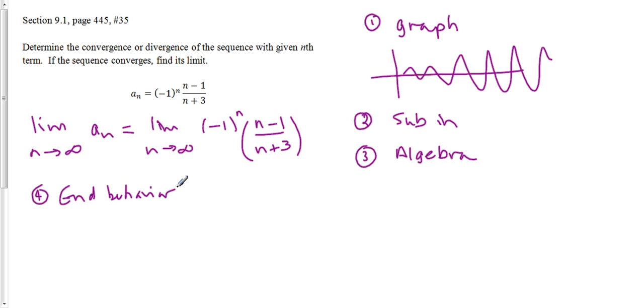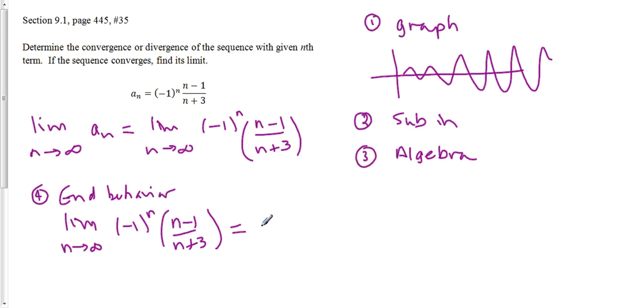And in end behavior modeling, we say that a polynomial, when we look at very, very, very large values of n in this case, will act like the term with the highest exponent. So we've got our limit here. The limit as n goes to infinity of (-1)^n times (n - 1)/(n + 3).